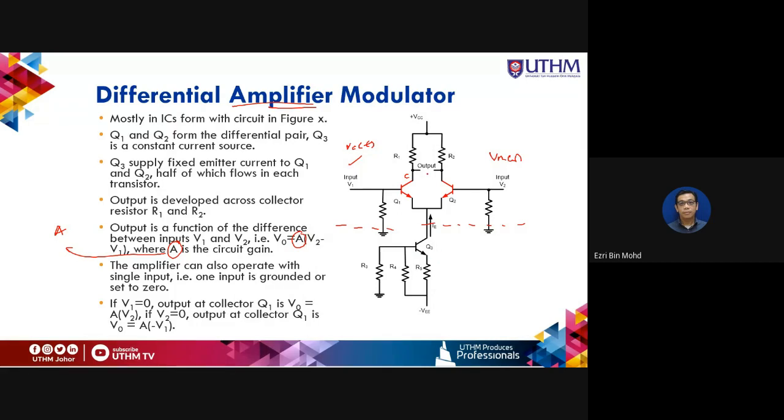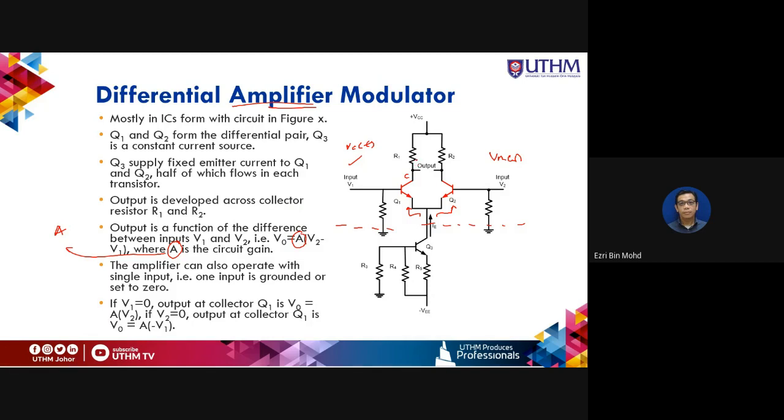So Q3 here fixes the emitter current to Q1 and Q2, which is half of the current will flow to the emitter of Q1 and emitter of Q2, half maksudnya samalah. So output is developed across collector resistor R1 and resistor R2. So output can be observed in R1 and R2 lah.